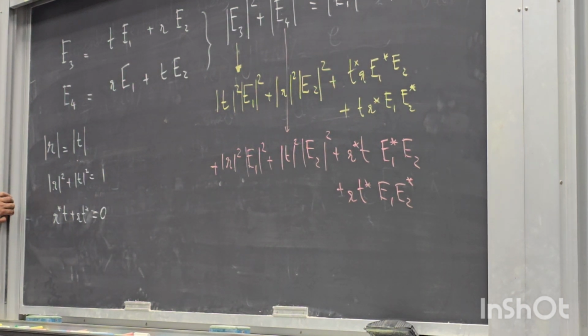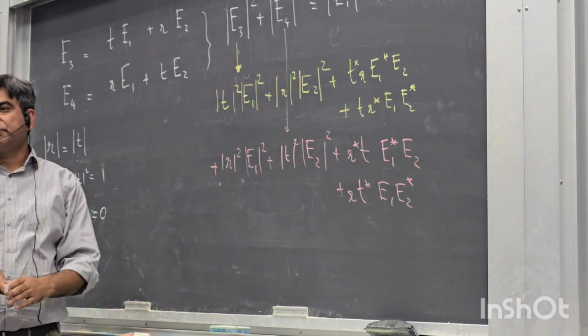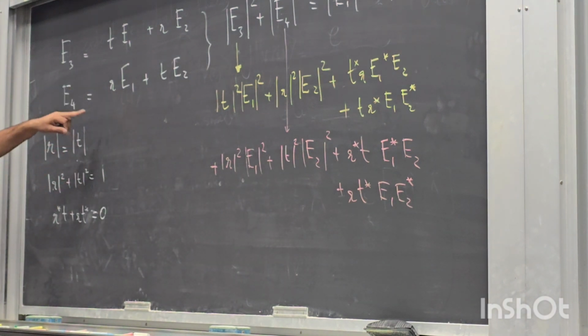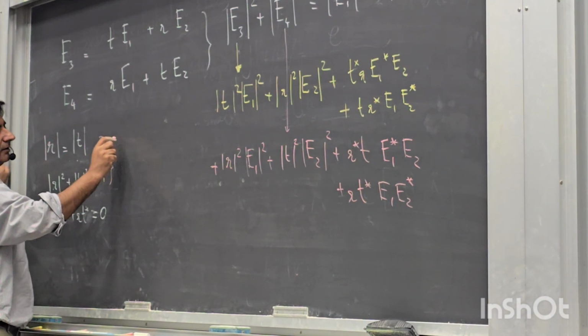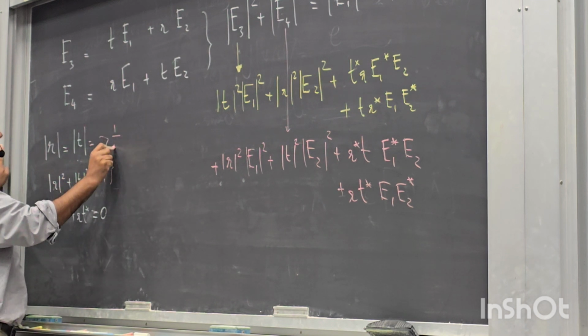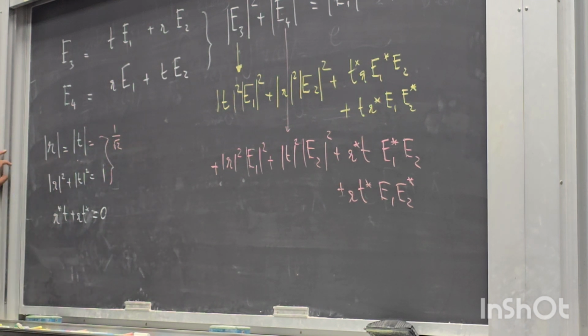Okay? Now this is energy conservation. Energy conservation gives some constraints on these complex numbers. Now if I look at these conditions, I can assume that both of these magnitudes are 1 over root 2.